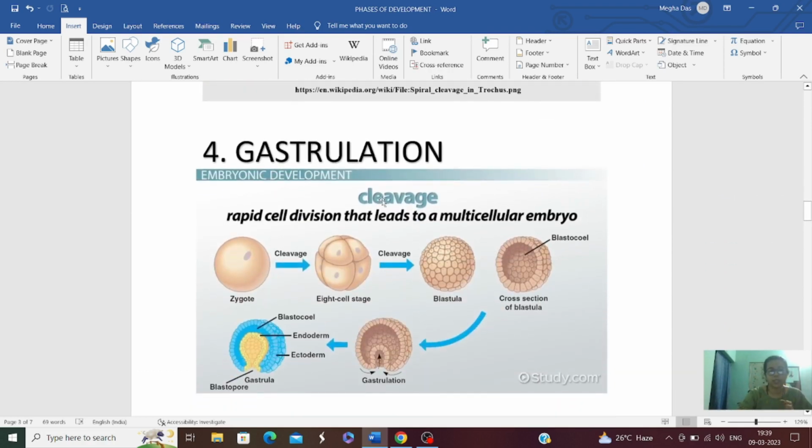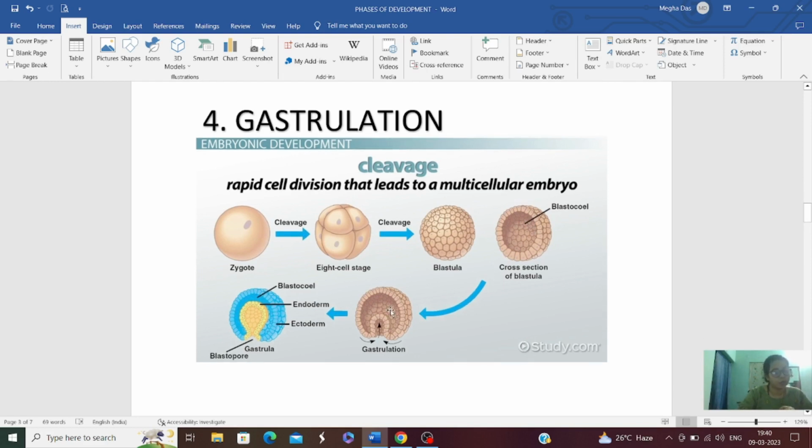In this picture you can see in detail that the zygote, which is a single cell, undergoes cleavage, forming first a 2 cell stage, then 4 cell, 8 cell, 16, 32, and forms the blastula. Each division product of this cleavage is known as a blastomere, and then a hollow cavity is formed in the blastula, which is known as the blastocoel.